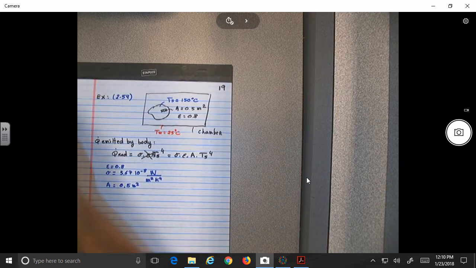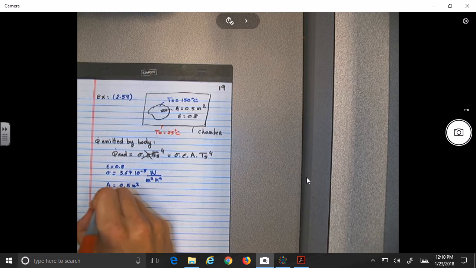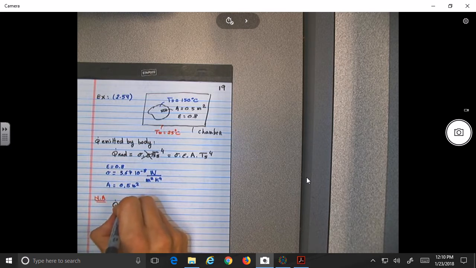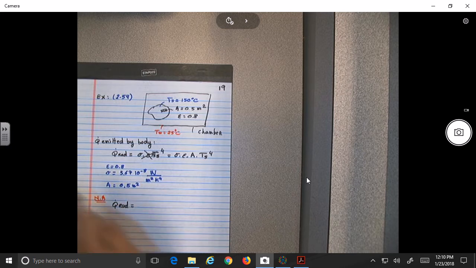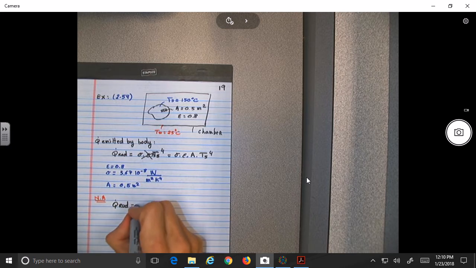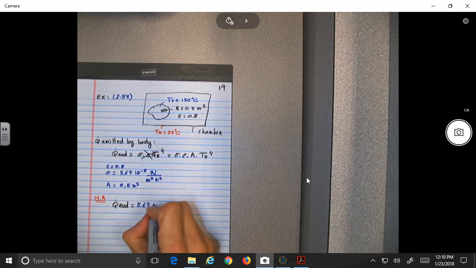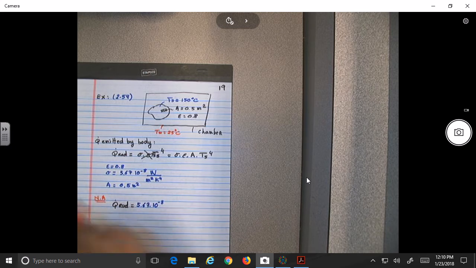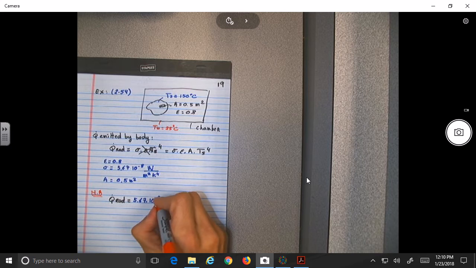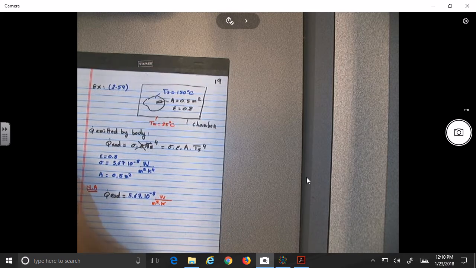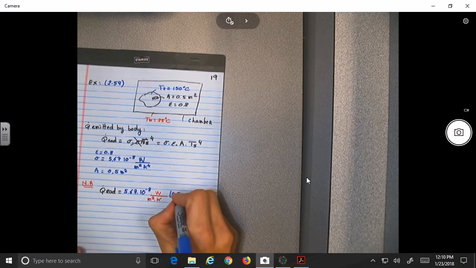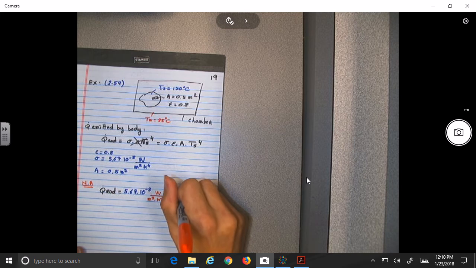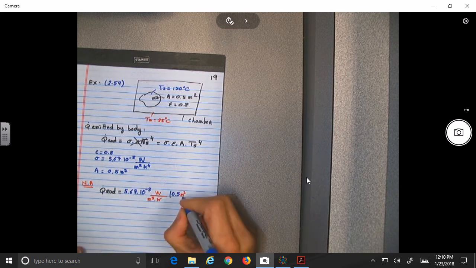Okay, so we do the numerical application. What are you going to get? Q radiation equal to 5.67 times 10 to the minus 8 watt per meter square Kelvin to the fourth, times 0.5 square meter.